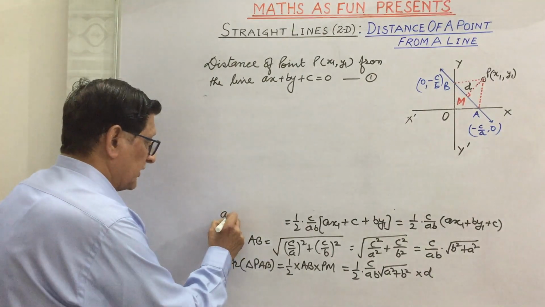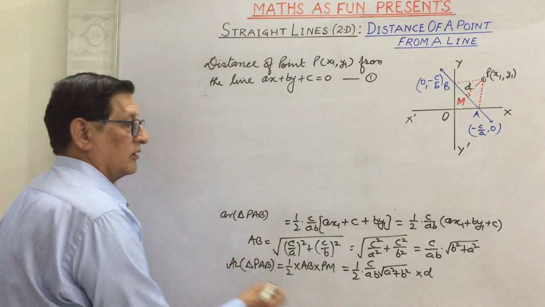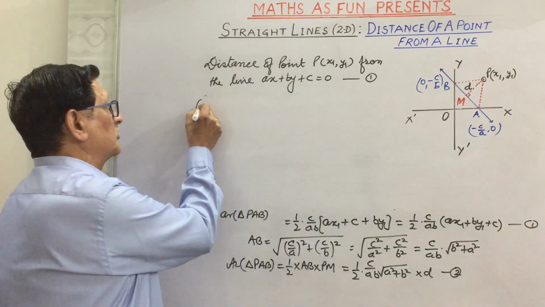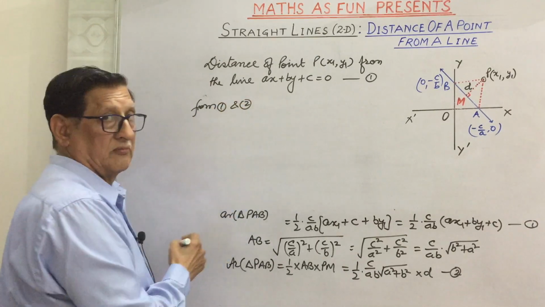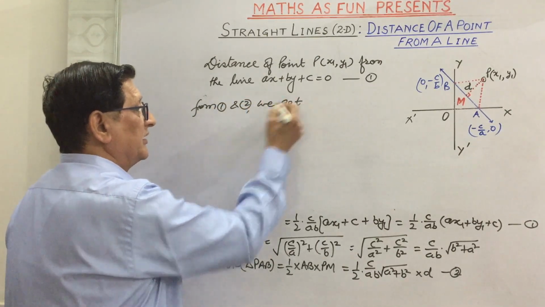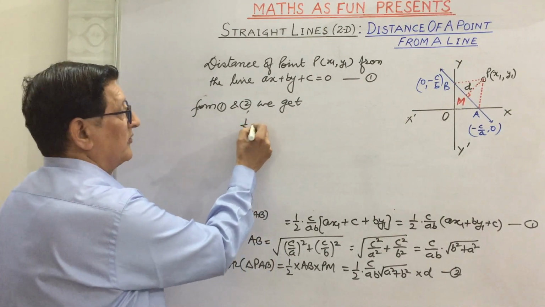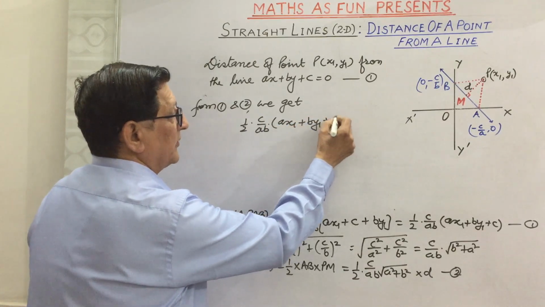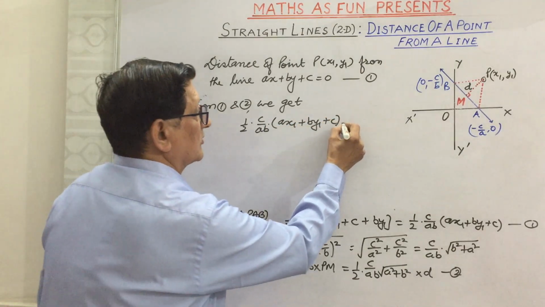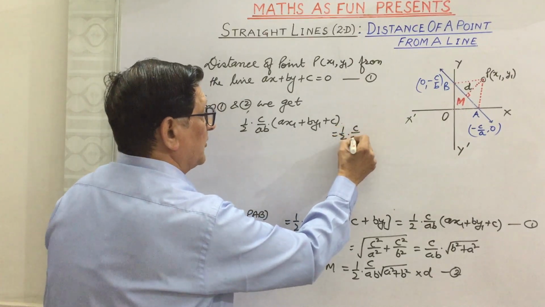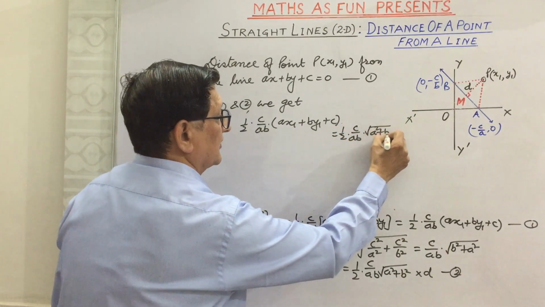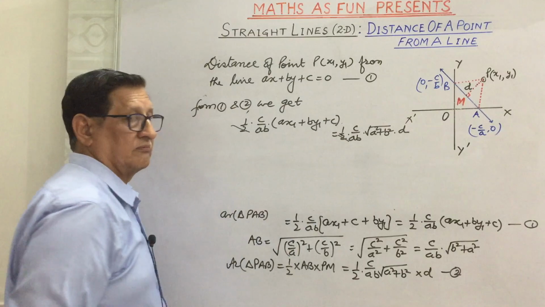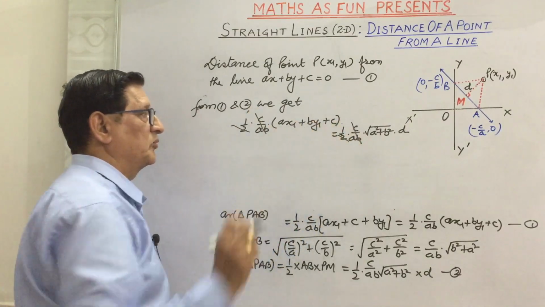If we write this as area of triangle PAB, that is 1, and this we write as 2, from 1 and 2, comparing the areas, we get that half of C upon AB into AX1 plus BY1 plus C is equal to half into C upon AB into root of A square plus B square into D. 2 and 2 cancel here. C upon AB cancels C upon AB.